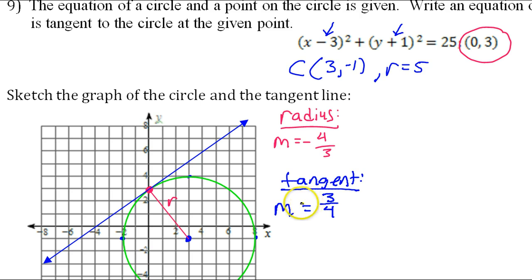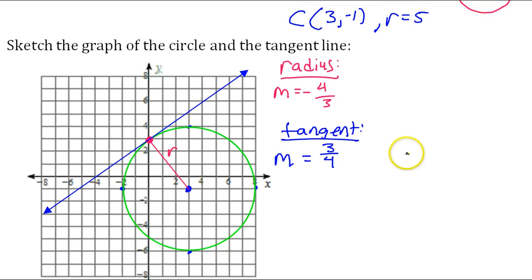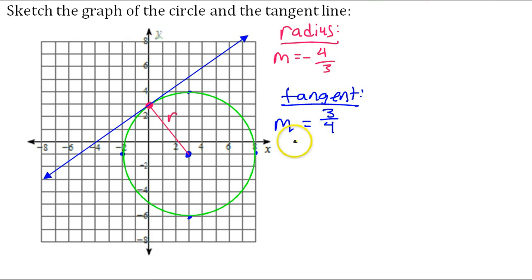So this is the slope of the tangent. Okay? Now, we need the slope, and we also need the y-intercept. Now we're going to find b. Okay, we found m, and now we're finding b, basically.